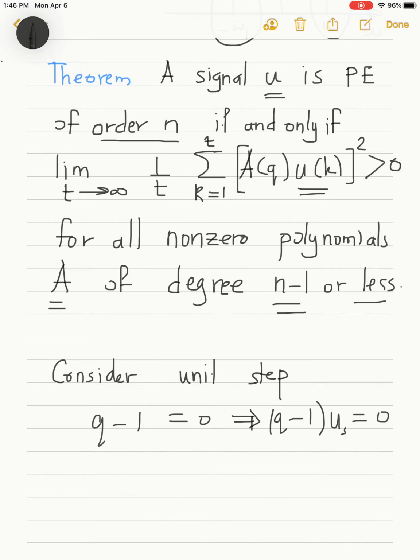So this is a non-zero polynomial, and if we multiply it by u, it will give me 0.